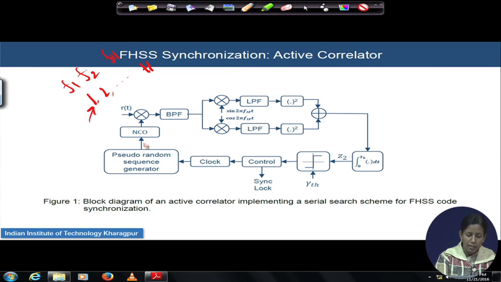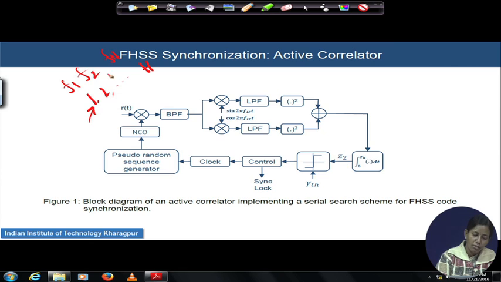So, if the locally generated random sequence is exactly in sync with f1 when the hop is going on over 1, then definitely the square law outputs of both the I and Q paths will give a significantly high value, and it will contribute significantly to the test statistic z.